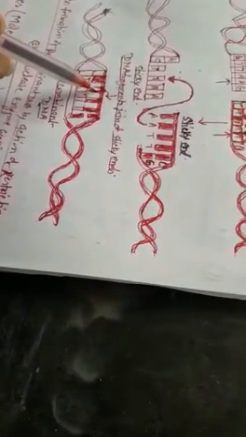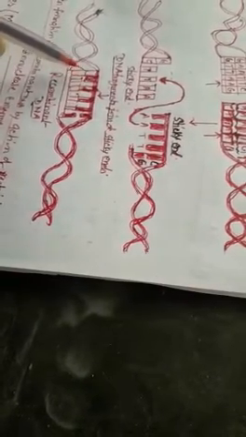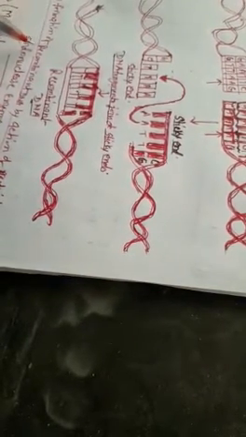These sticky ends are complementary to each other and thus can be joined by DNA ligase end to end. So these are the steps in the formation of recombinant DNA by the action of restriction endonuclease enzyme.